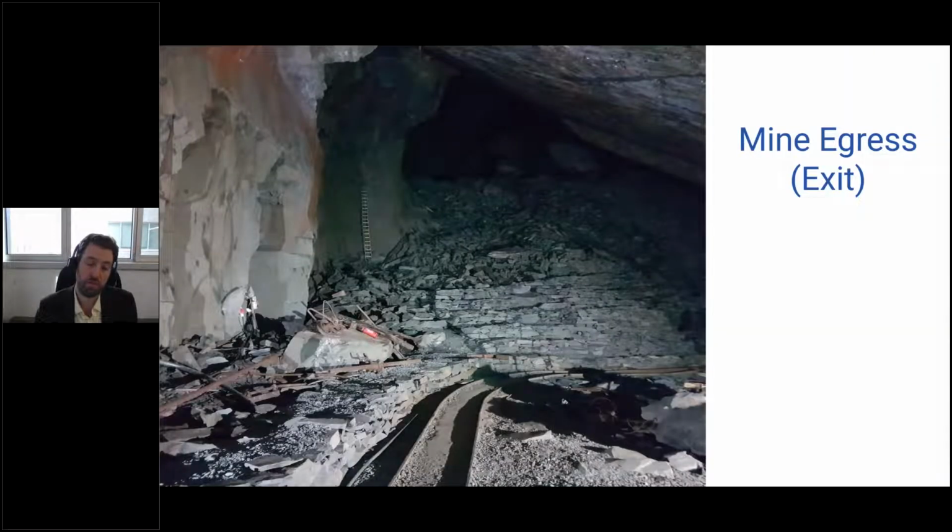Another example from a customer was they built a new part of an underground mine, and they did not put in sufficient egresses or exits from that part of the mine. Basically, when the regulator came by to inspect the expansion of this underground mine, they determined that they didn't have enough exits.